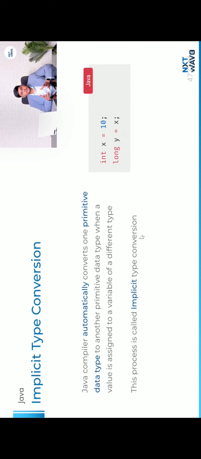The Java compiler, whenever a value of one primitive data type is assigned to a variable declared in another primitive data type, automatically tries to convert the value from one data type to another without you explicitly mentioning it. This type of type conversion is called implicit type conversion.